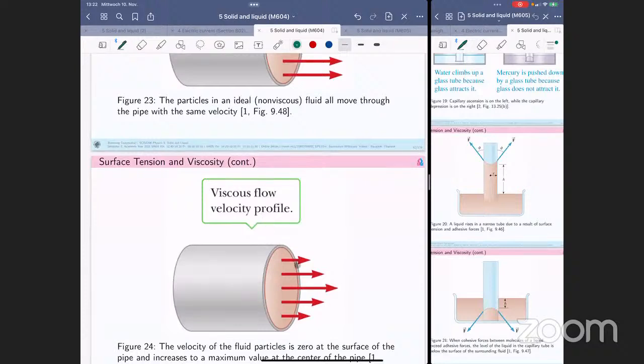there is a friction. As you know, there is a friction between the liquid and the solid material here. There will be friction between the fluid and that solid, and that will cause an obstruction, and the fluid close to the surface inside the pipe is going to have lower velocity.